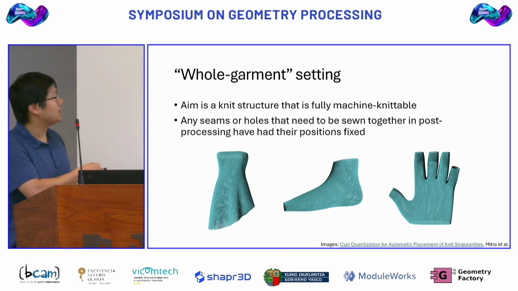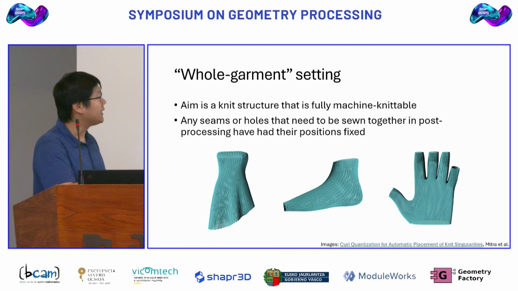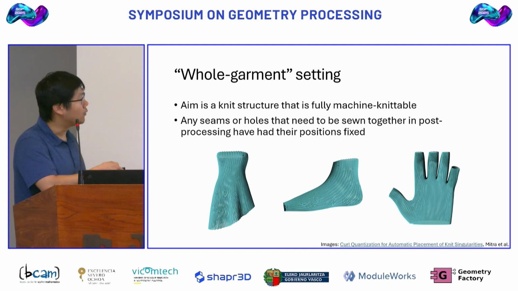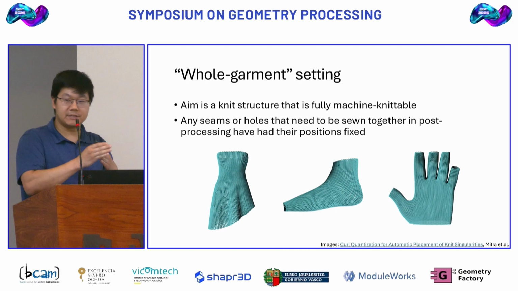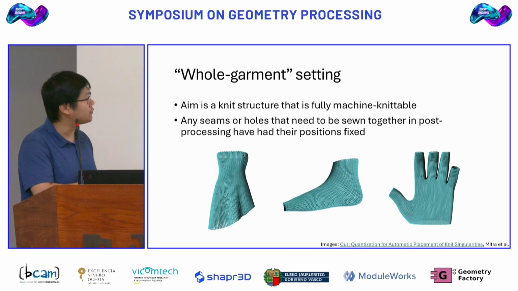So I wanted to also emphasize that we're in the whole garment setting. Maybe we pretend that we've come out of Ben's design pipeline and we've used his composition rules, and we know where the seams are to be sewn together and where the holes are that have to be closed up afterwards.